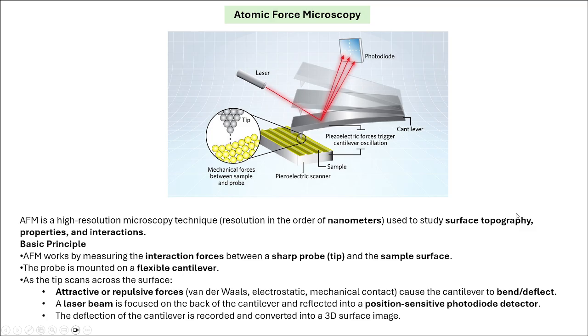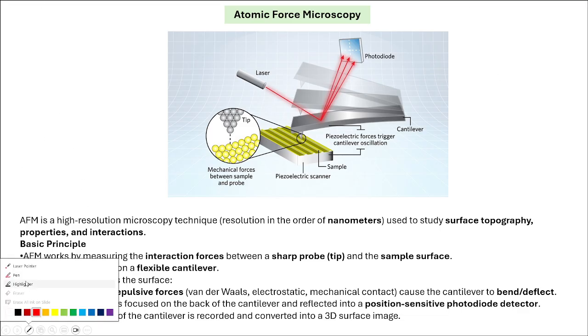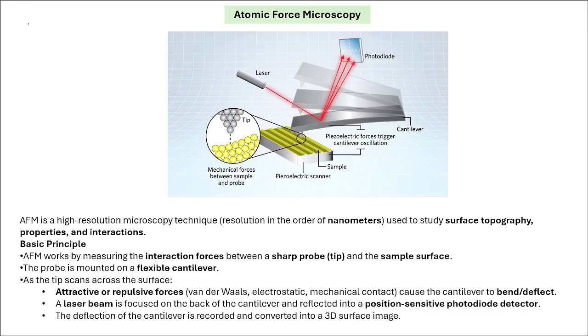Now moving forward, the next technique that we have to discuss is atomic force microscopy. So far, what all techniques have we already discussed? We have already discussed absorption and fluorescence spectroscopy, in which we were getting spectra.